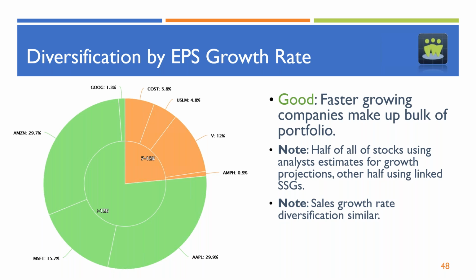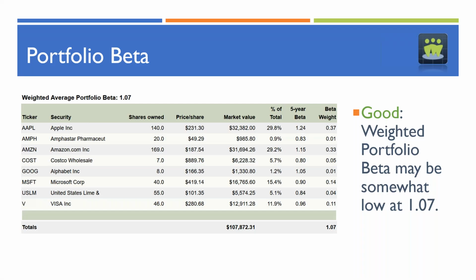And the sales growth rate is showing similar diversification. The beta here, 1.07, that rounds up to 1.1, so that's a pretty good level, I think. Might be a little low. Again, the emphasis on large company stocks may be holding that back a little bit, but that gives you just a sense of how the portfolio weighting all comes together by security there.